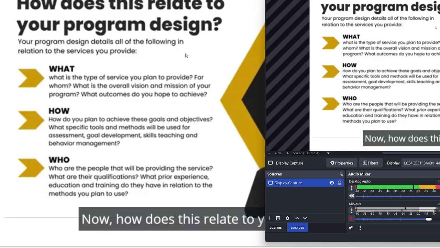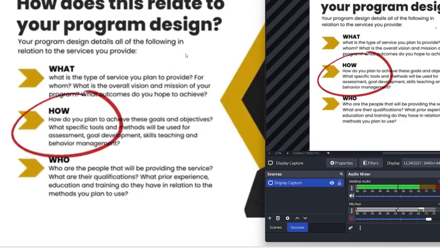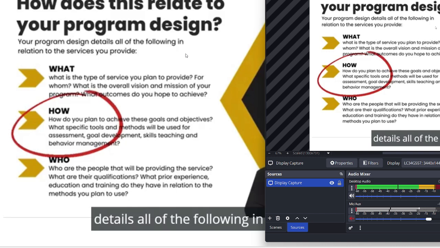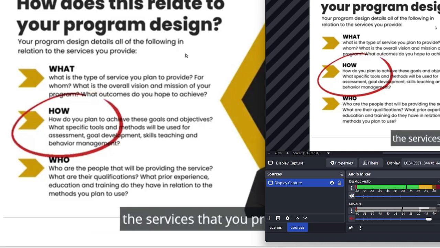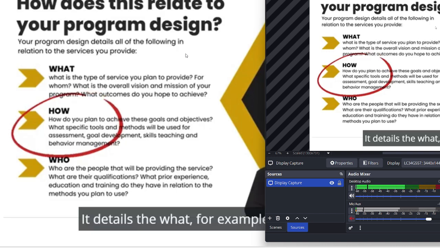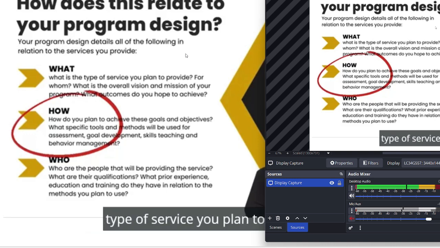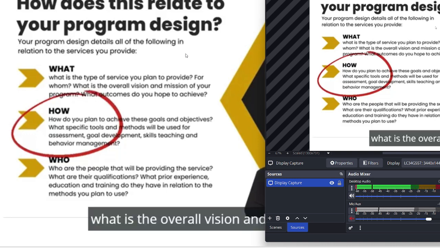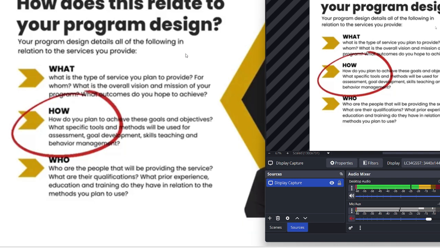Now, how does this relate to your program design? Your program design details all of the following in relation to the services that you provide. It details the what. For example, what is the type of service you plan to provide? For whom? What is the overall vision and mission of your program or service?